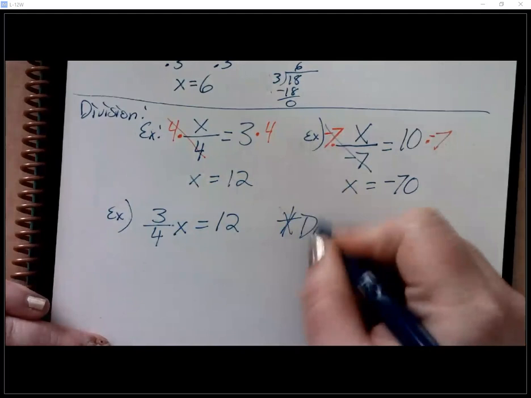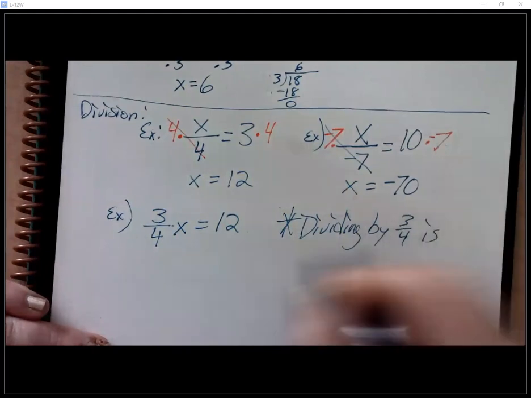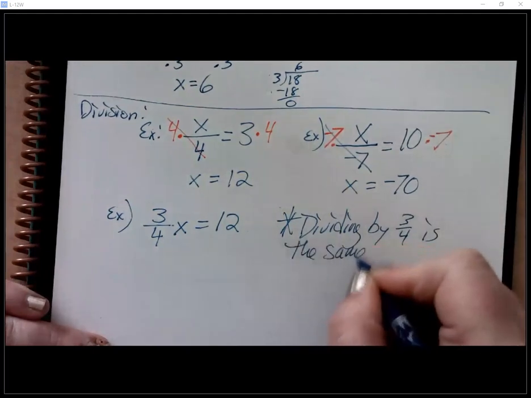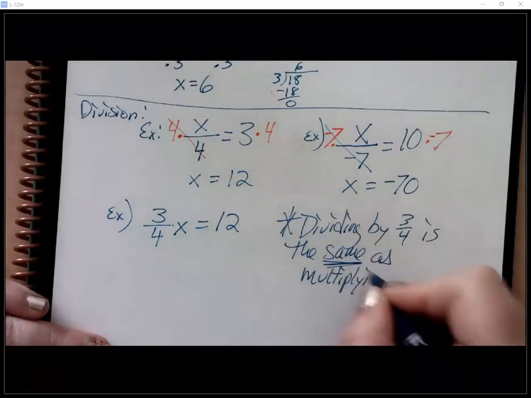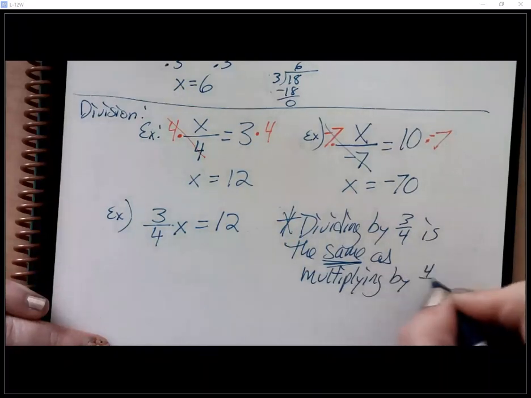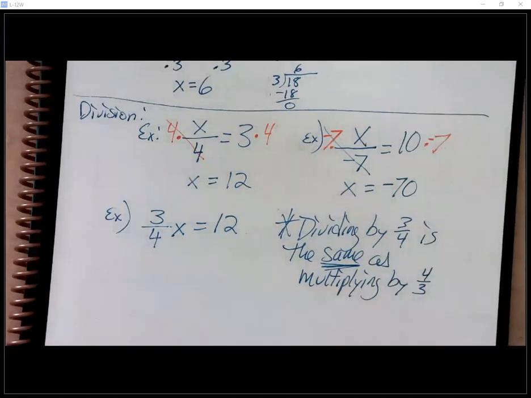Dividing by 3/4 is the same as multiplying by 4/3, the fraction flipped over. It is the exact same thing. Okay, so when I go to handle this one, instead of writing divide by 3/4, I'm going to write it as times 4/3. So let me give you a moment to finish writing that down so you can see exactly how we're handling this.